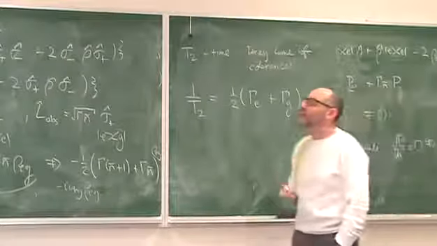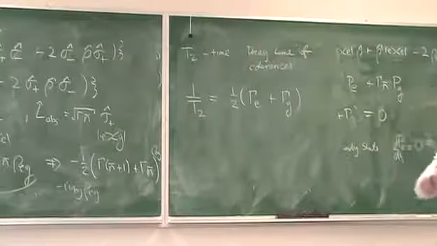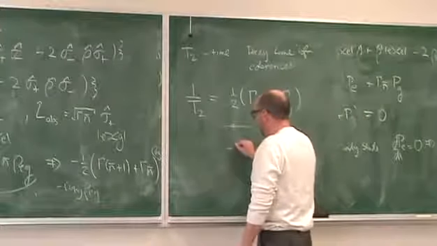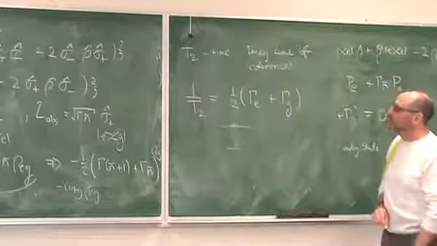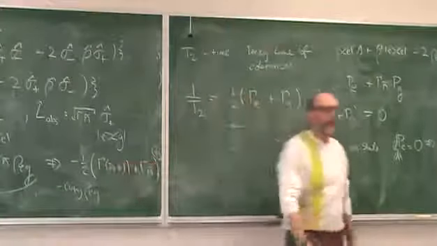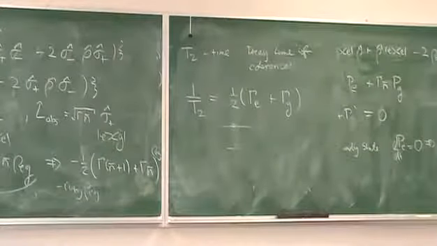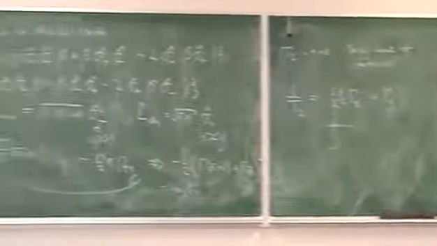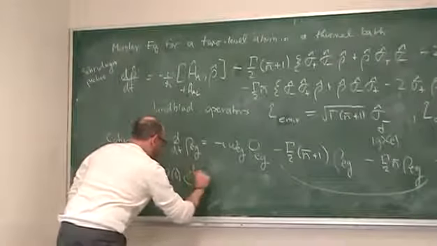If I have no collisions with, say, background gas, or something which would give an elastic collision that would dephase this, if what I have is amplitude damping, then that gives me this kind of T2. When n bar is 0, then T2 is determined only by spontaneous emission. And so in this problem we just get the exponential decay of coherences.